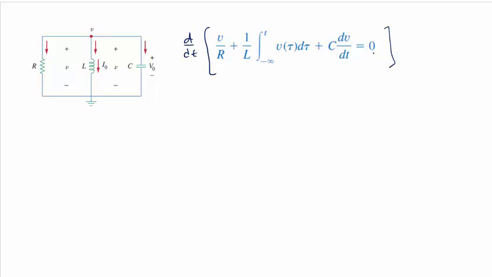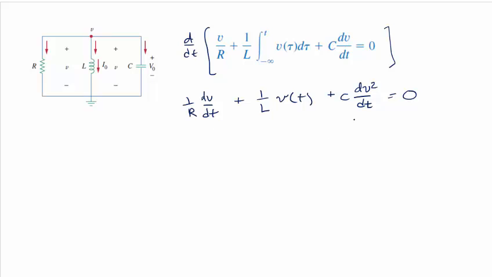Of course, derivative of 0 is still 0, and then we get dv/dt times 1 over R plus 1 over L v of t. So that's what we get. But that's actually the initial conditions right there, if we have it at time 0. And then this one will be C d squared v/dt squared, equals 0.